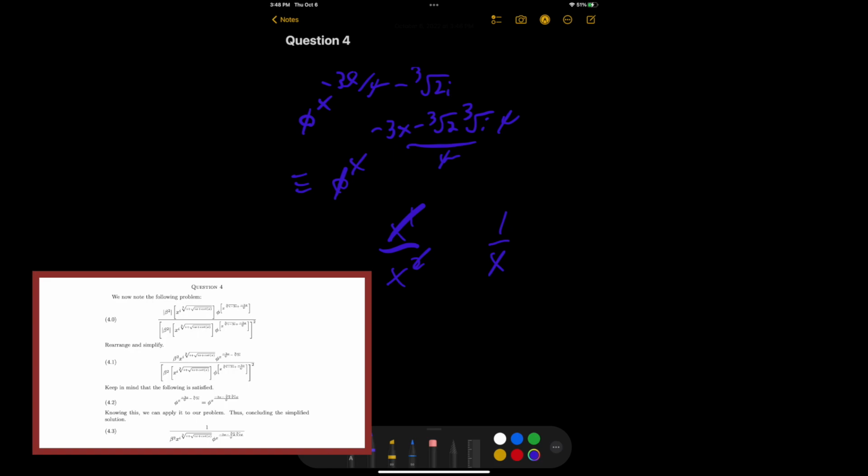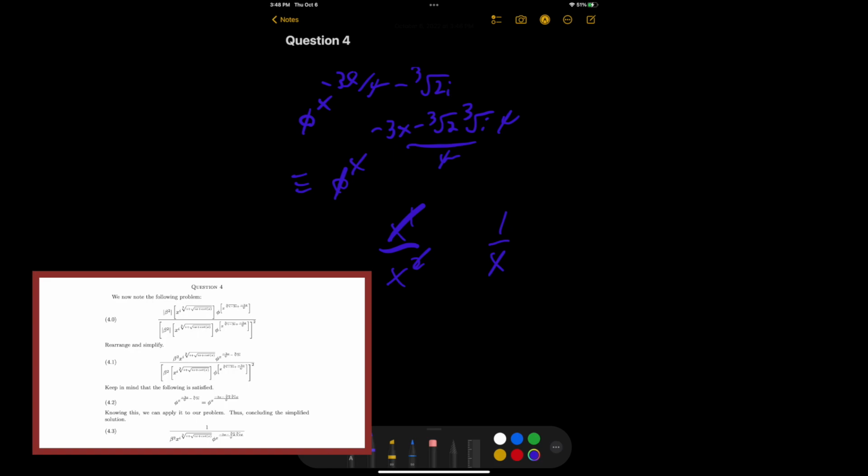Just a little brain teaser to catch you up to pace with what we're doing here. So we have phi to the x minus 3x over psi, sorry about that, x looks really bad, minus the cube root of 2i. So we note that we can deconstruct this and provide its logical equivalence.